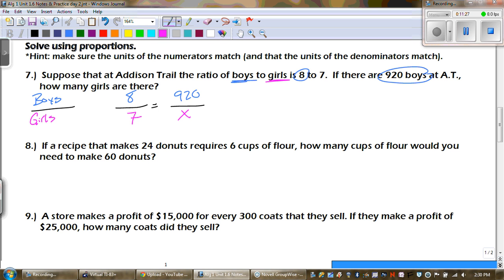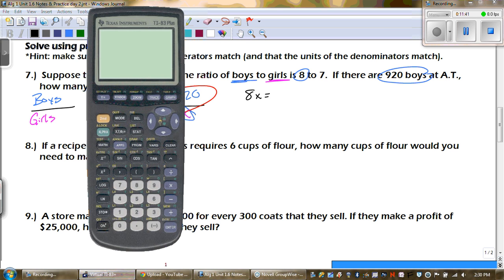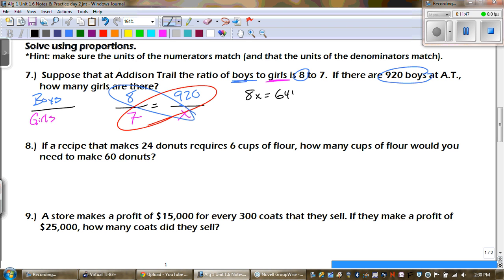So we do like we've done before. We cross multiply. So we get 8x equals 920 times 7, and you shouldn't need your calculator for that, and we get 6440.